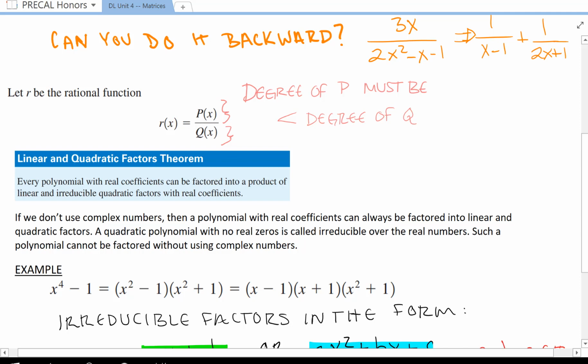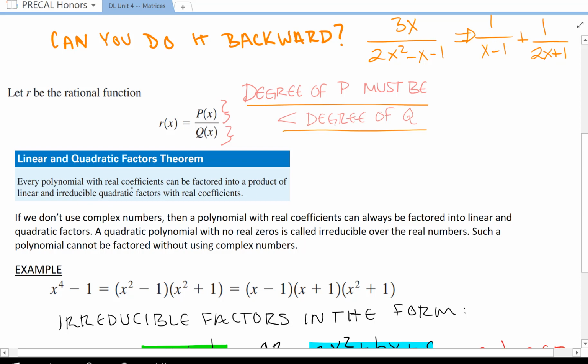So let R be the rational function. R of x is equal to P of x over Q of x, where the degree of P must be less than the degree of Q. There's this theorem from previous chapters, and we kind of brushed over it last term in Algebra 2 Trig, but it makes sense logically.